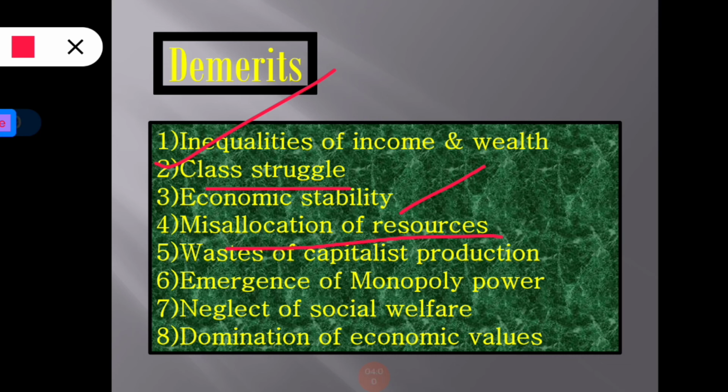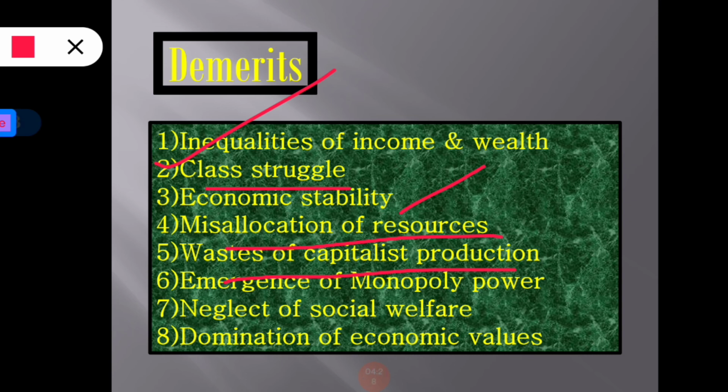Now going to the fifth one, that is waste of capitalist production. The capitalist economic system is responsible for various types of waste. The first one is that some of the techniques of production are discarded because of the discovery of new and better techniques and the pressure of competition. And sometimes producers go in for excessive advertisement in order to push up their sales.